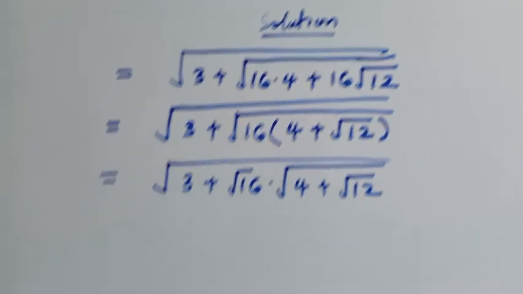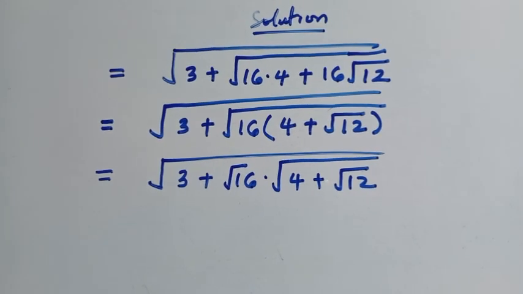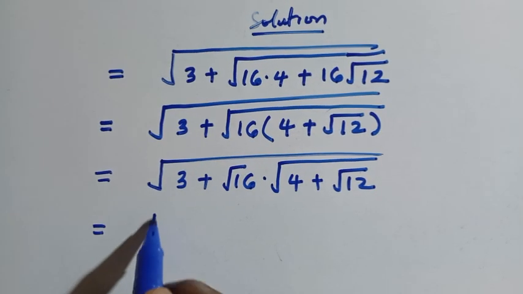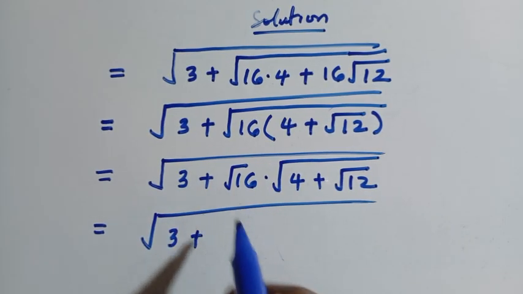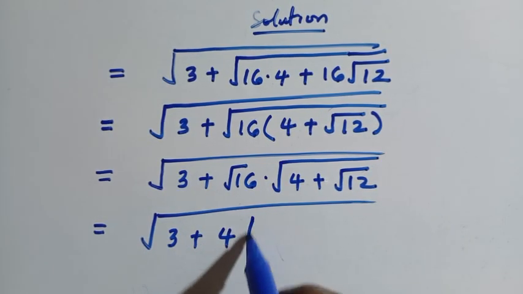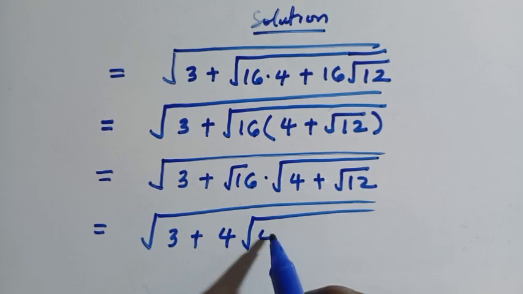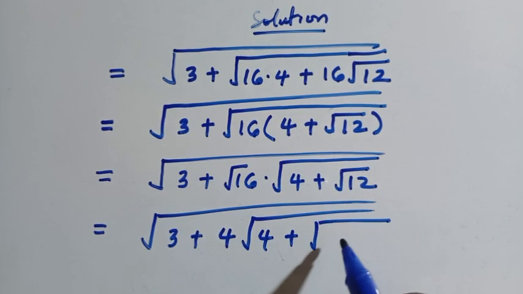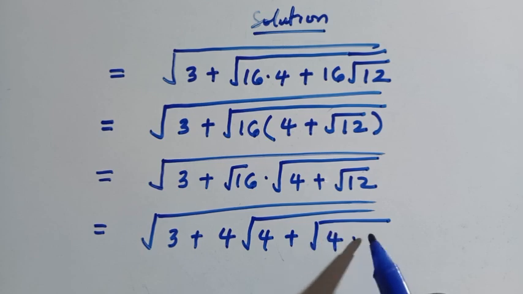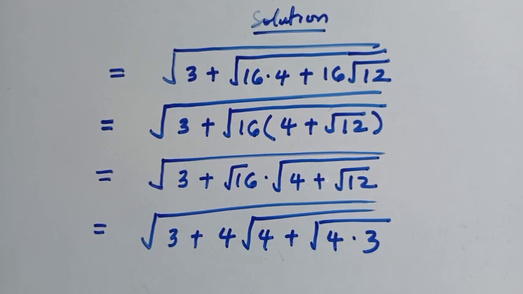This equals the square root of 3 plus the square root of 16, which is 4, times the square root of 4 plus the square root of 12, so for this 12, we write it as 4 multiplied by 3.